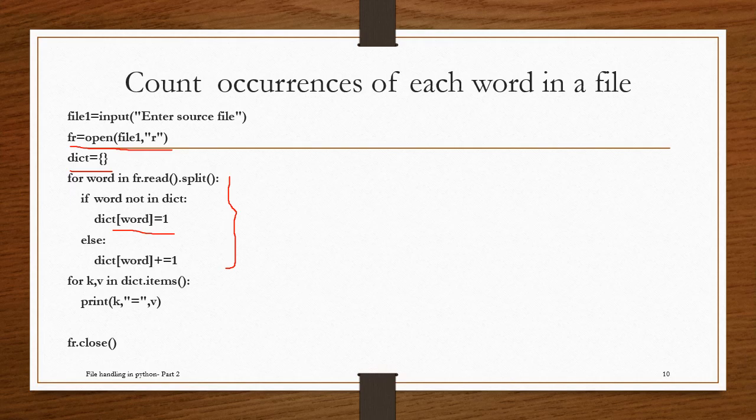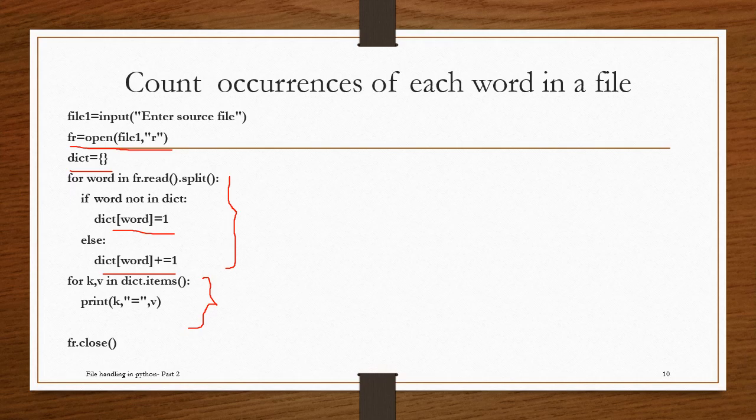If the word is already present in the dictionary, then we will update the value. Dict of word will already be there in the dictionary, so we'll just update the count by incrementing its value by 1. And outside the for loop, we are just displaying the contents of the created or updated dictionary.